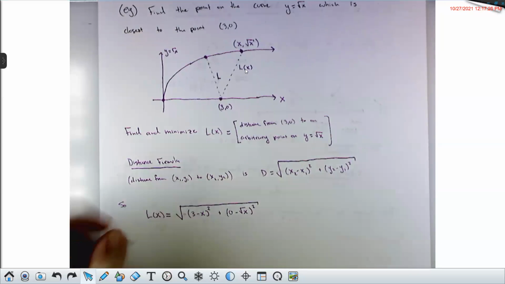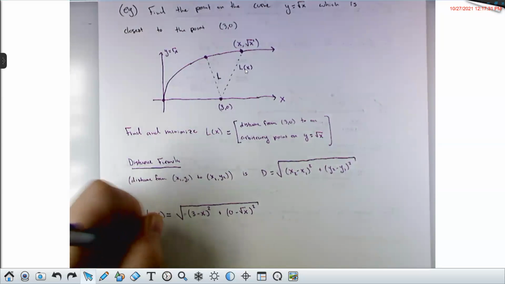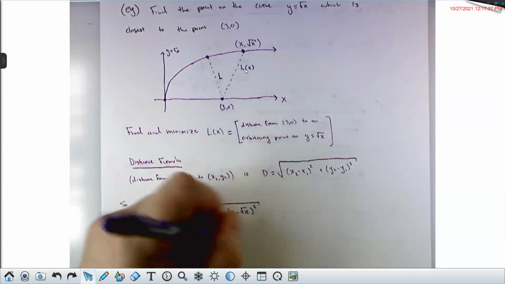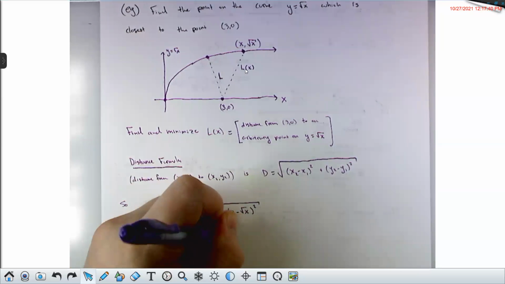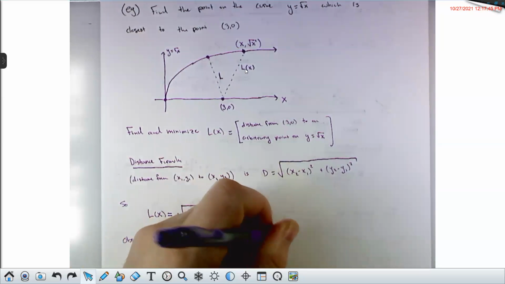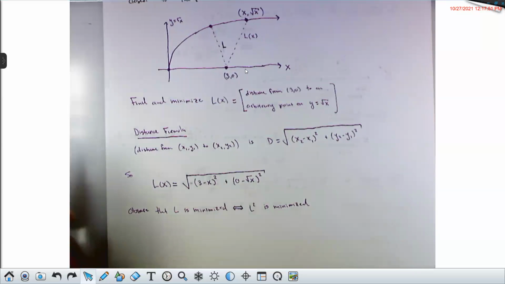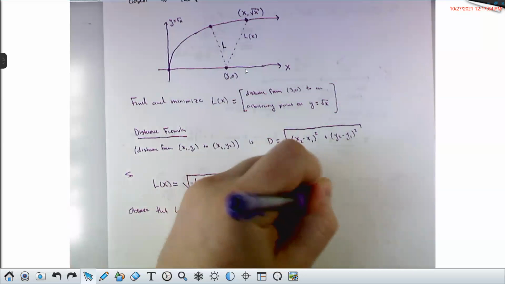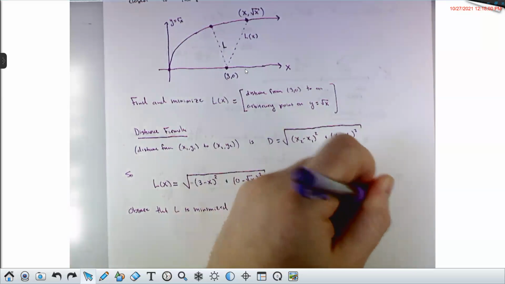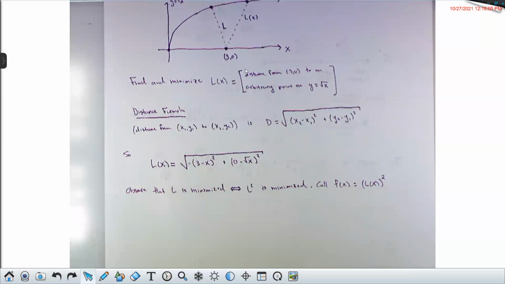And then I would observe that L is minimized if and only if L squared is minimized. So rather than working with L itself, I'll invent a new function called f of x, the square of L of x. This is the reason I wanted to show you this problem, because it's a nice trick and these show up somewhat often.